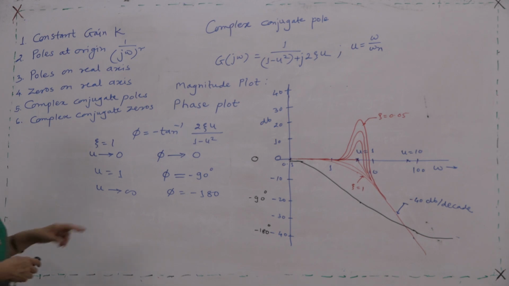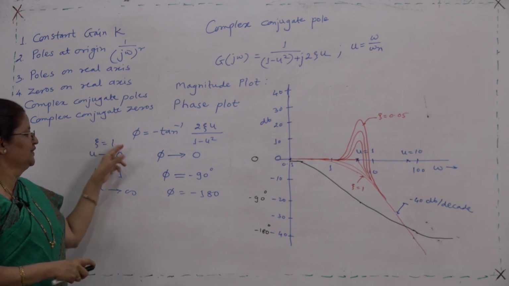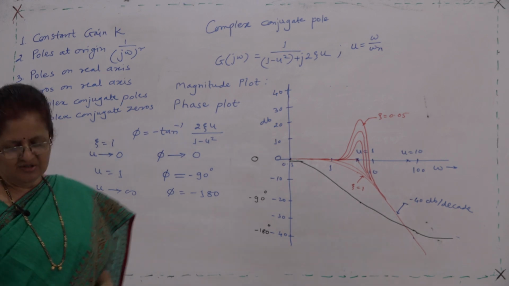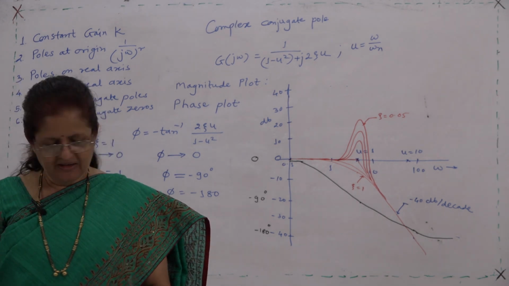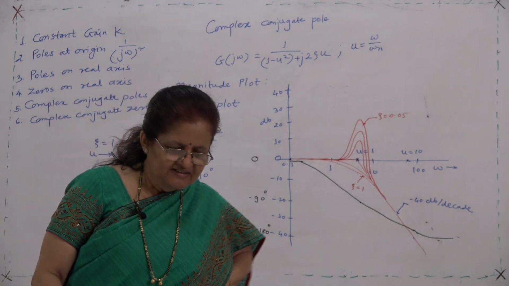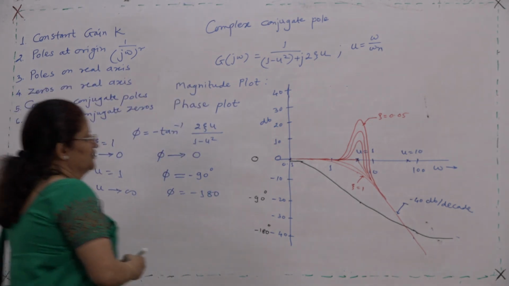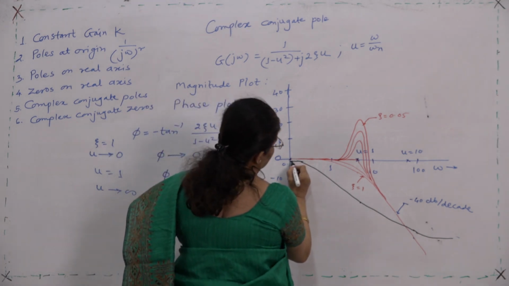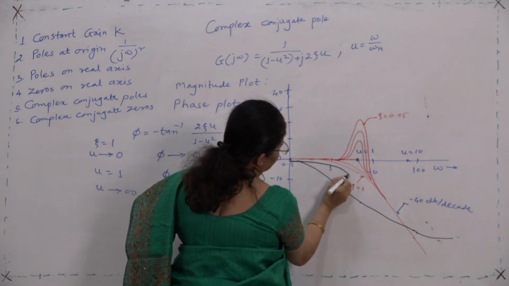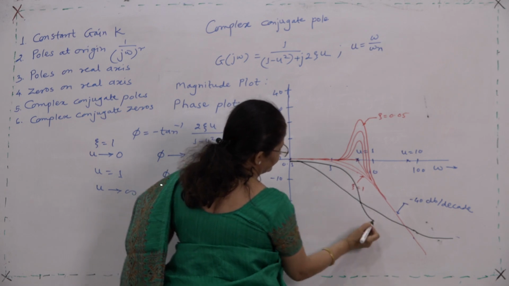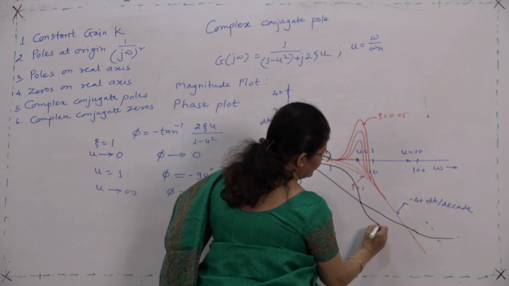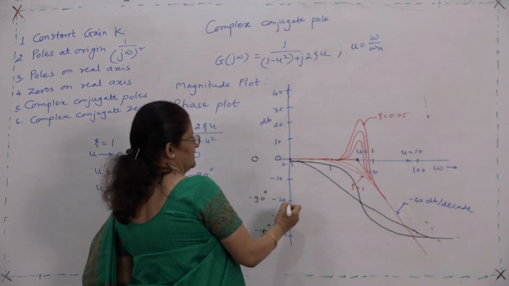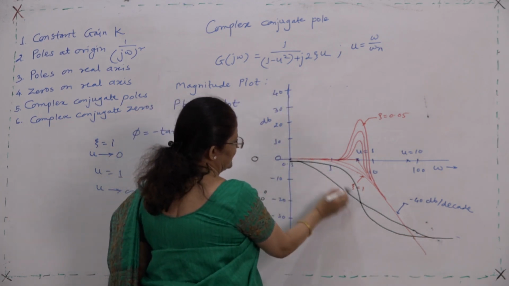What will be the change as zeta value is, we are considering between 0 to 1? How will you draw that change? See, when zeta is equal to 0.05, you will get a sharp curve somewhat like this, and in between you will get intermediate values.